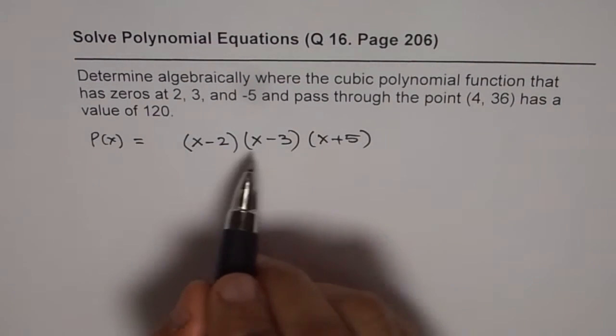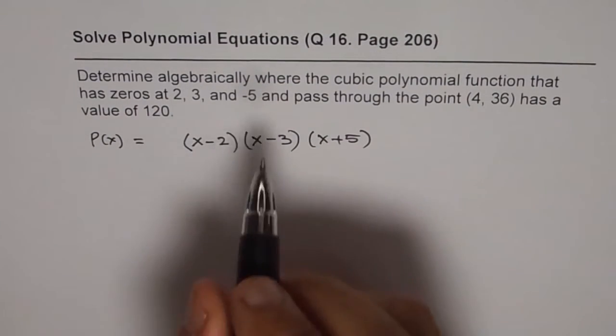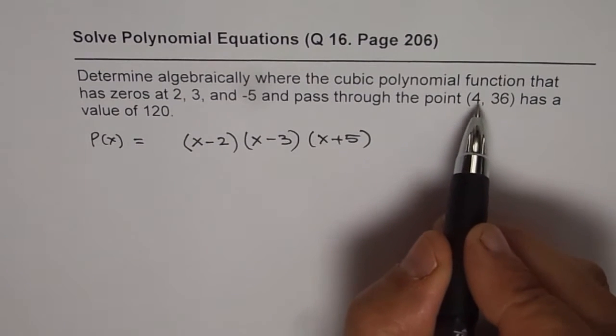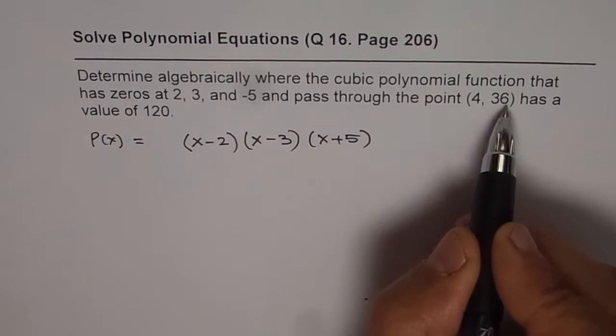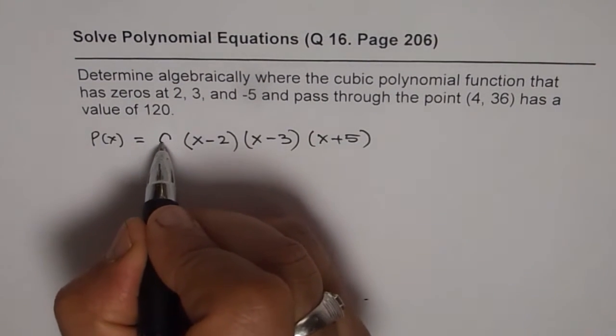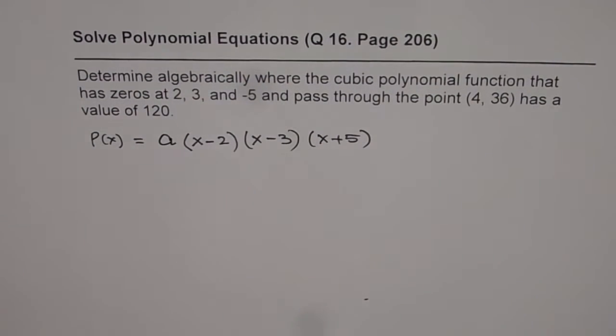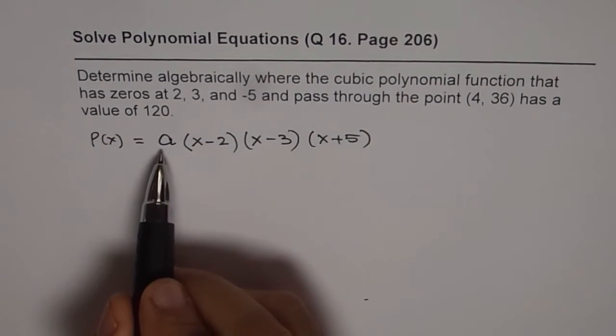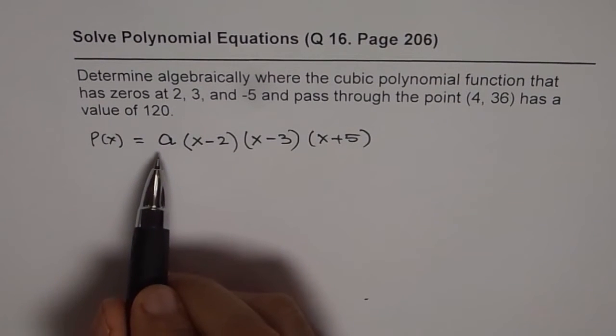Now this is a family, and the curve which passes through the particular point (4, 36), x value of 4, y value of 36, we can find by writing a here. So don't forget that. It is very important, Maria. I think you appreciate that part.